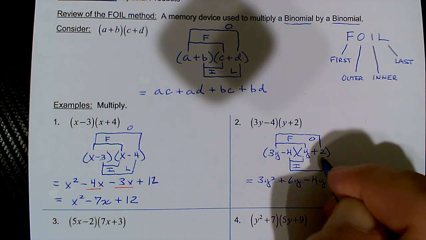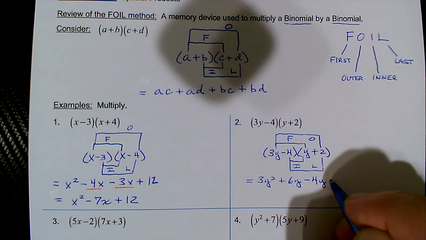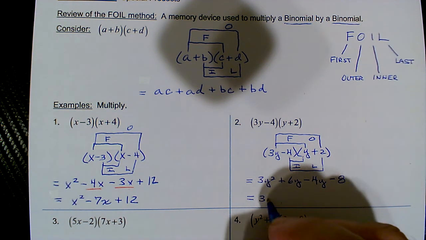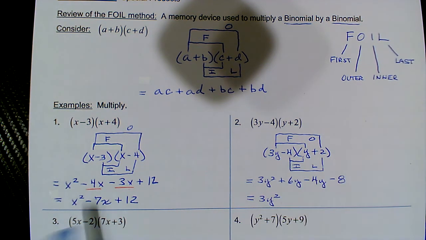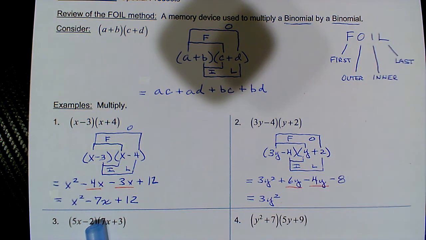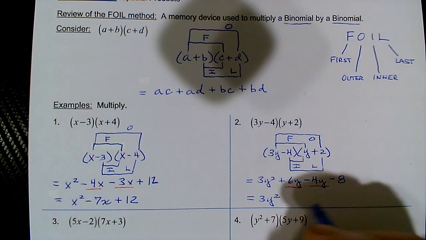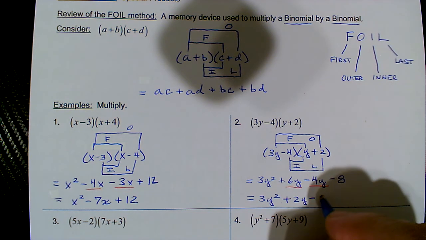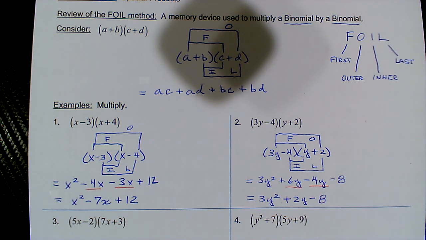And then our last, negative 4 times 2, negative 8. And just as we saw in the last example, we can recopy that squared term, but now these outer and inner terms add together, or combine, in this case to give plus 2y, and then we recopy the negative 8.